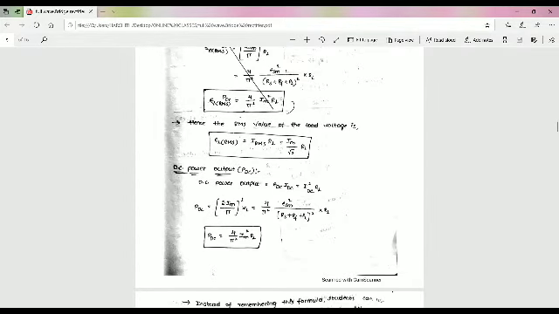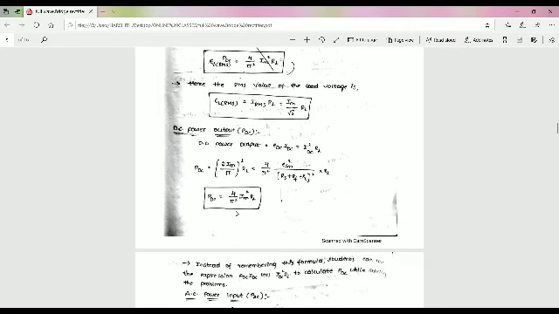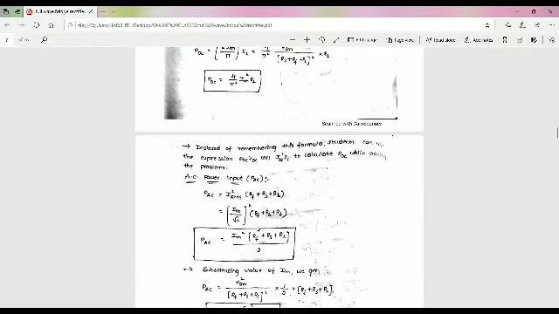So (2 Im by pi) whole square into RL. We get PDC equal to 4 by pi square I square M into RL. Substituting the value of Im, we get PDC equal to 4 by pi square E square SM by (RS plus RF plus RL) whole square into RL.